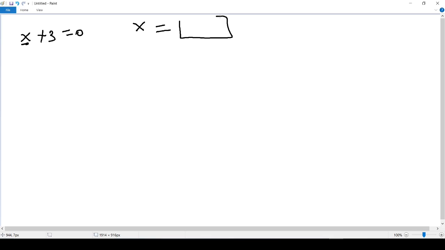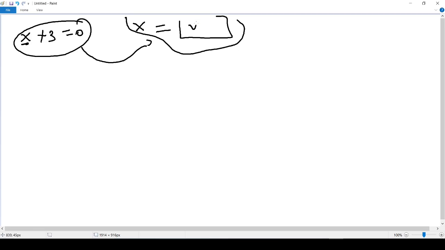How to get there, we don't know yet. That's why we are solving. The first thing to think of is how to end up having x by itself on one side.